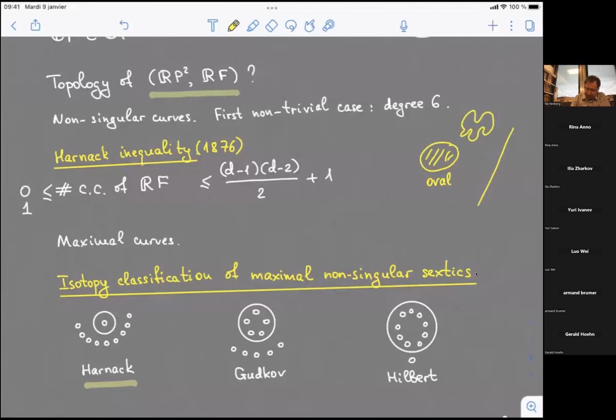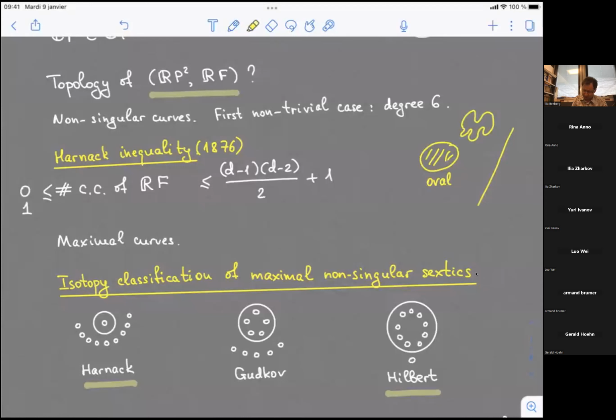Then Hilbert succeeded to construct another curve, so to realize another topology. Here he constructed a maximal sextic with one oval having 9 ovals inside and 1 oval outside. And Hilbert even conjectured that these two options, the Harnack one and the one Hilbert constructed, were the only possible options for maximal non-singular sextics.